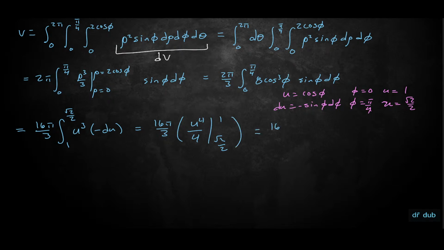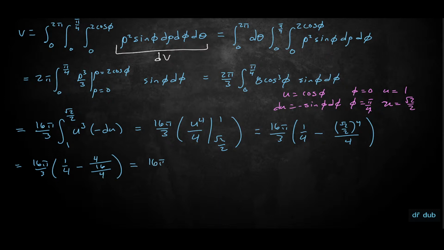And that'll be 16 pi over 3 times 1/4 minus square root of 2 over 2 to the 4th over 4, which will be 16 pi over 3 times 1 over 4 minus, let's see, square root of 2 to the 4 is 4 over 16 over 4.